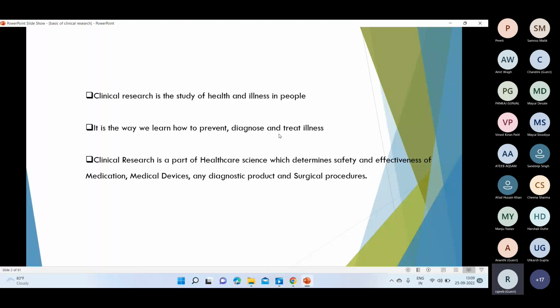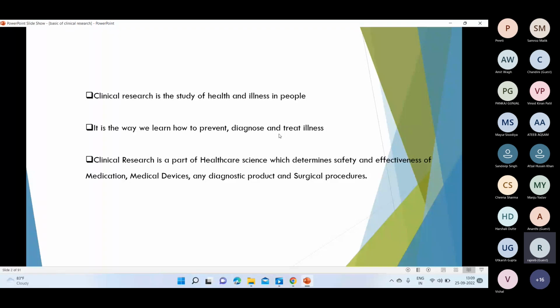You study the health, like why people are healthy, what are the parameters which are responsible to keep one's body healthy, and what are the parameters which are responsible to keep one's body unhealthy. And once the patient is suffering from a disease, then what are the things which can be done to get rid of that particular illness.